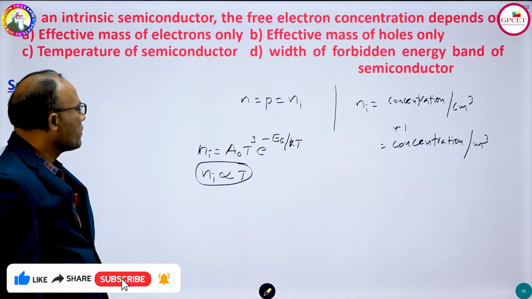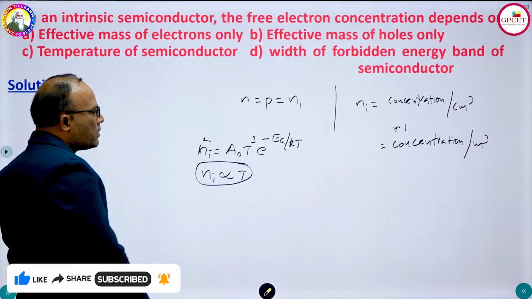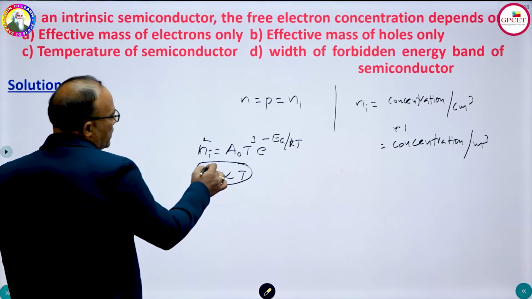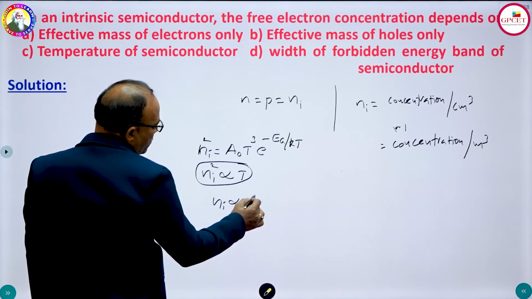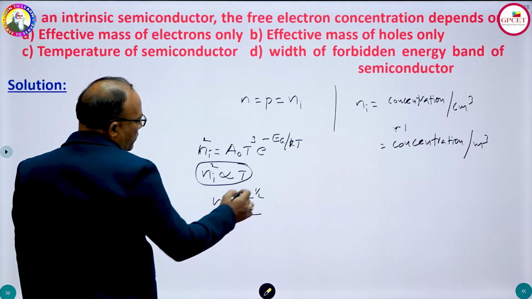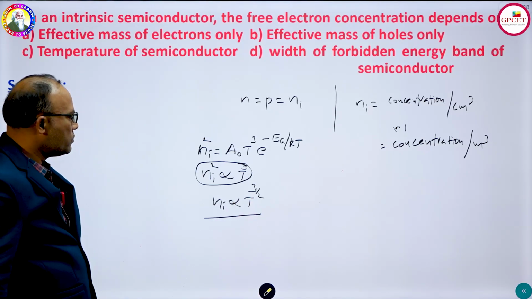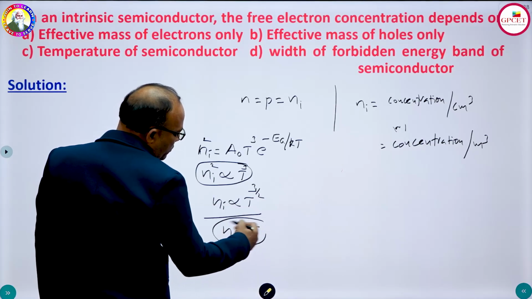Actually, this formula exists for Ni square. Ni square is equal to A naught T cube e power minus Eg by Kt, and therefore Ni square is directly proportional to T cube, or Ni is directly proportional to T power 3 by 2. Therefore, I can directly say that the intrinsic concentration Ni depends on temperature.